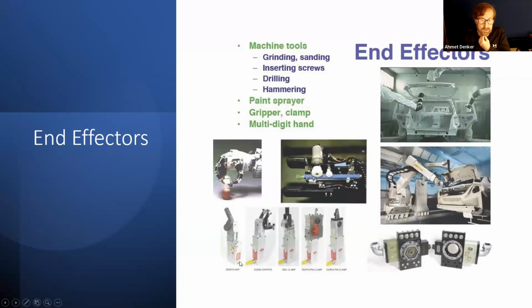According to the function that you want from the robot, what comes at the end can be something different. So this is why it's called end effector. The end effector is at the very end of the links, where the final effect of the robot arm is applied.